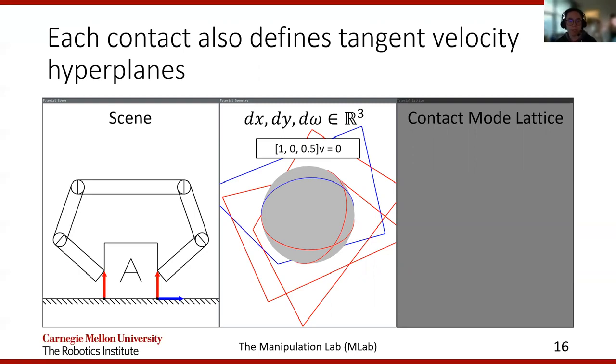And this idea is captured by another hyperplane in twist space. If you're above the hyperplane, you're sliding positively. If you're below the hyperplane, you're sliding in the negative direction. It just so happens that for both these contacts, their tangent directions generate the same hyperplane.